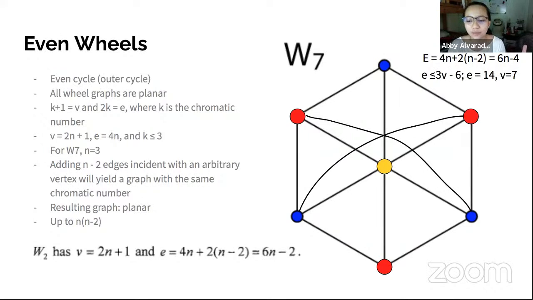So what I did was I used Kuratowski's theorem, which she did not use. So that is looking for a non-planar graph within this graph. And actually, there is a non-planar graph with it, which is the bipartite graph of 6 vertices.